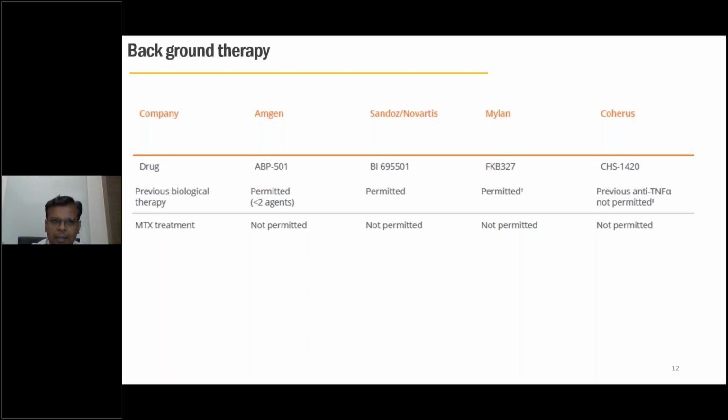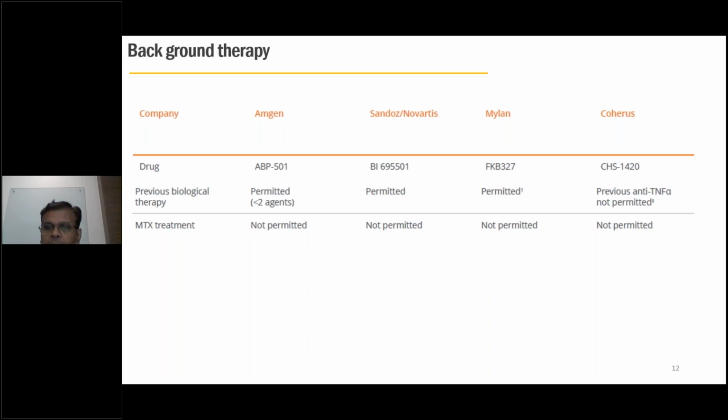What happens is there are various companies preparing their biosimilars based on their pipeline of products. They have been named differently, and if you compare the studies, say a study done by Amgen or Sandoz Novartis or Mylan or Oasis for that matter, it's been quite challenging to recruit patients, especially in the US or Western Europe.